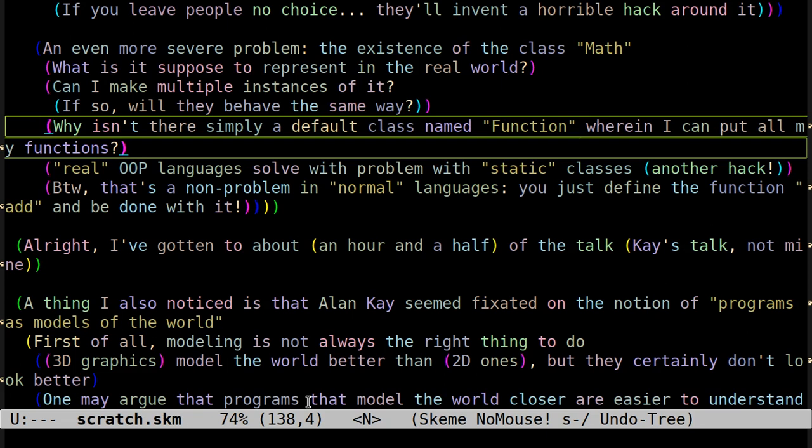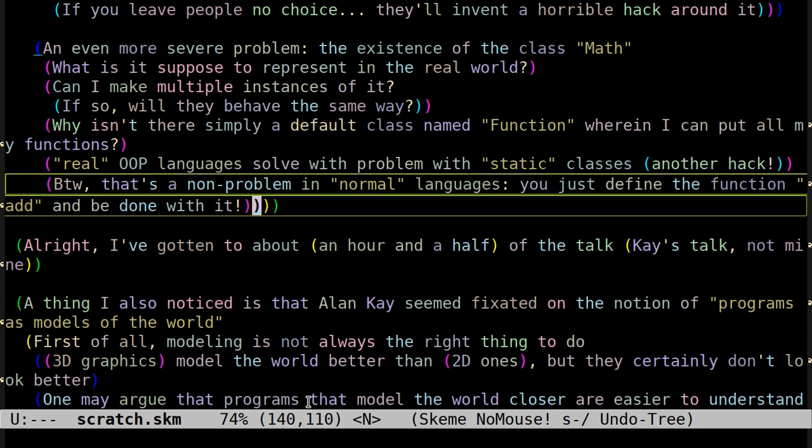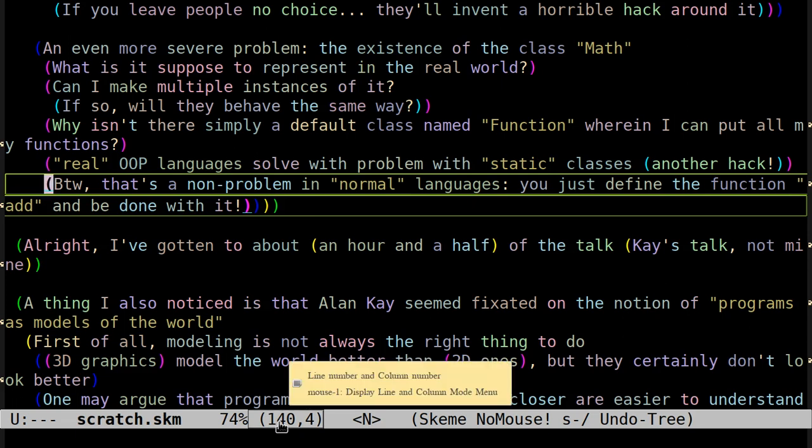Oh, by the way, real OOP languages solve the problem with static classes, which is another hack. And by the way, that's a non-problem in normal languages. You're just defining a function, add, and be done with it. There's no object where it's supposed to belong to.